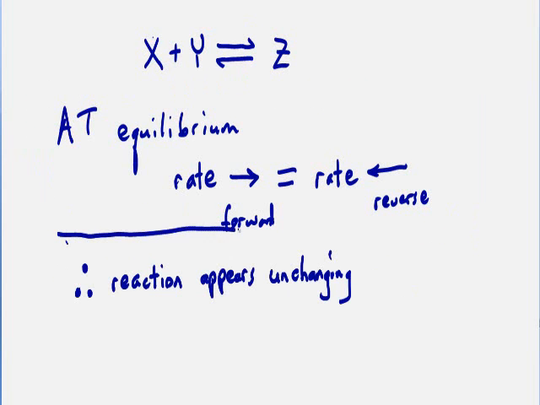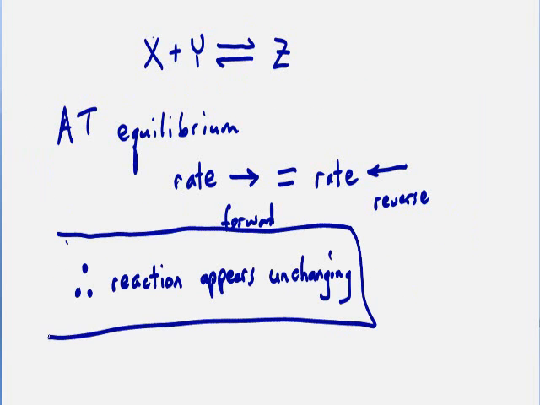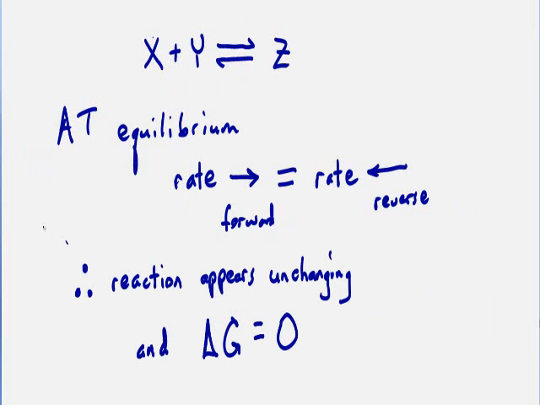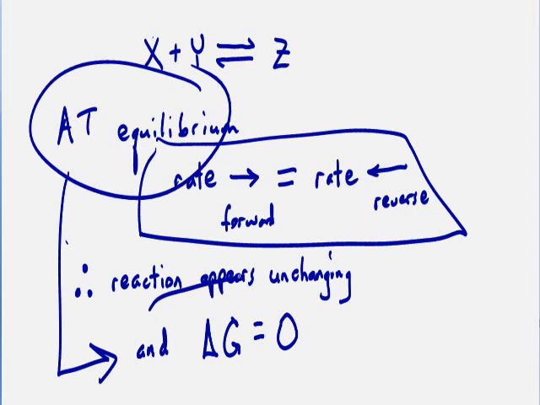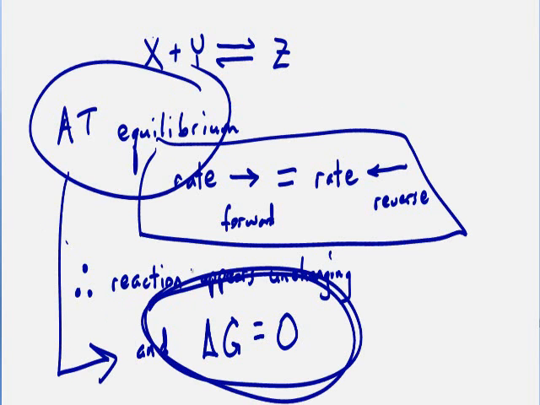Because the rates in the forward and reverse directions are equal, the concentrations of reactants and products remain unchanging. Visually, it would appear as if nothing is occurring. Now, our key concept here is that because the rate in the forward direction equals the rate in the reverse direction, at equilibrium delta G is equal to 0, in that the reaction is occurring at an identical rate in both directions.